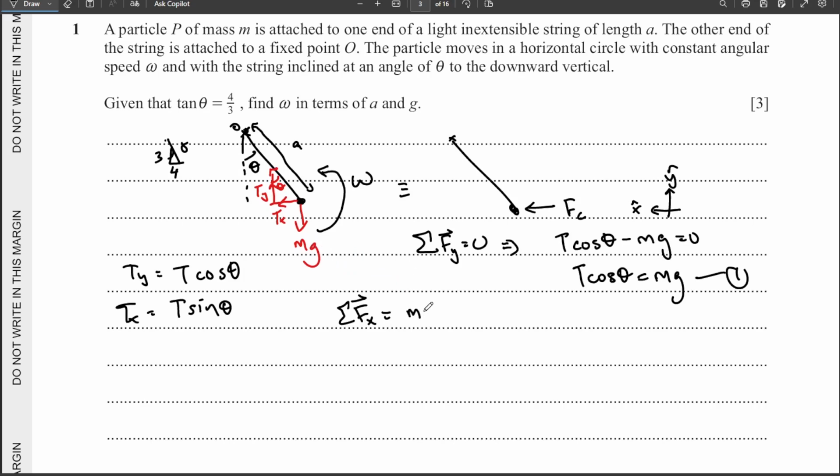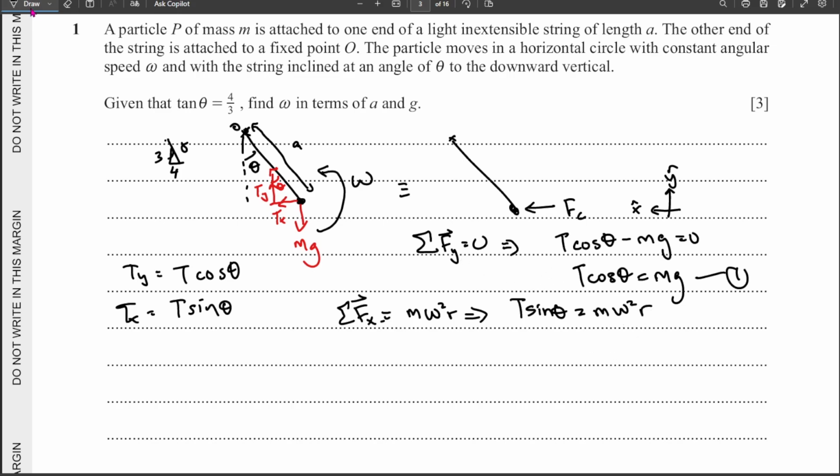So we replace it with m omega squared r. So our sum of forces equals our resultant force, which is the centripetal force. In the horizontal direction, we have the tension pointing towards the left, so there will be T sine theta, a positive value. That's the only force in the horizontal, then equals m omega squared r.